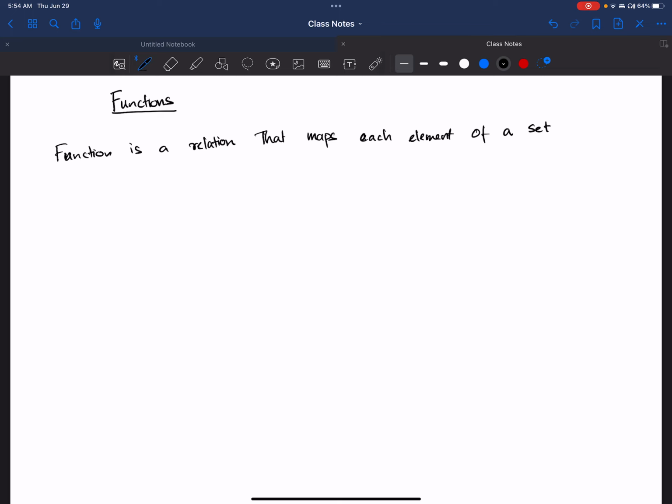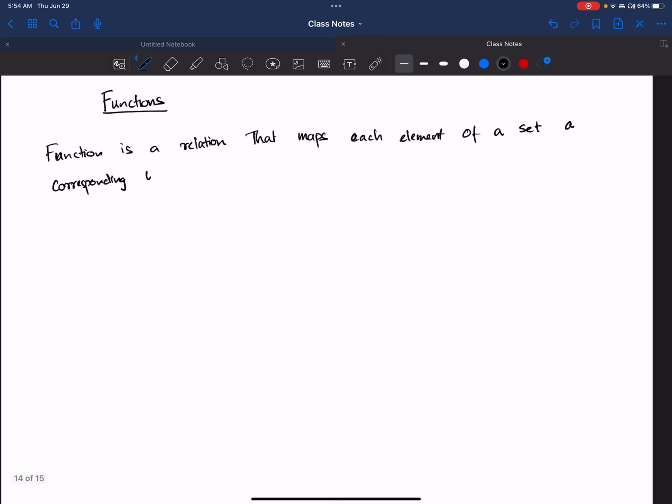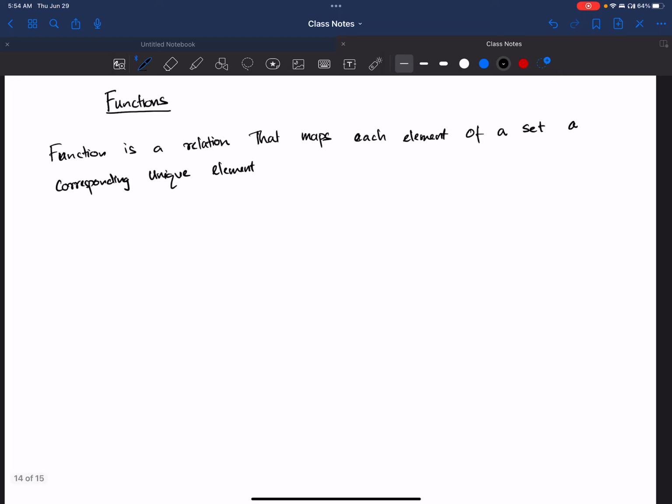A function maps each element of a set to a corresponding unique element in another set.